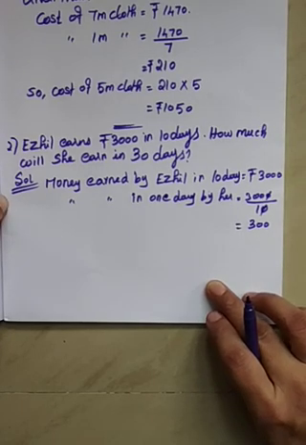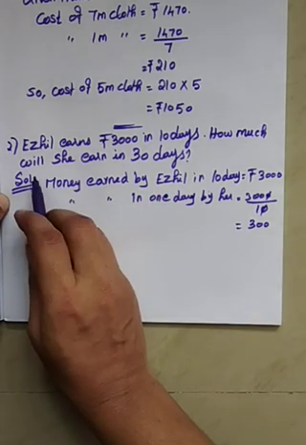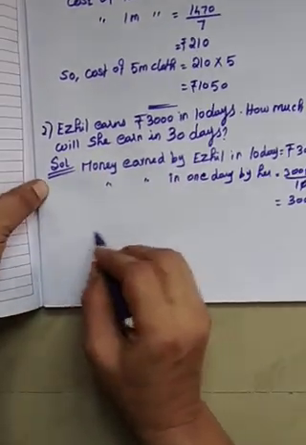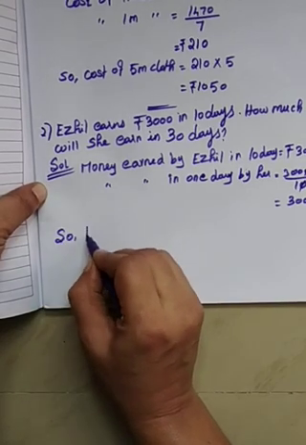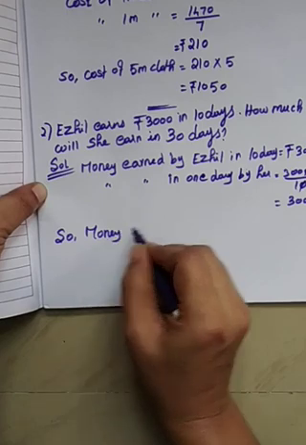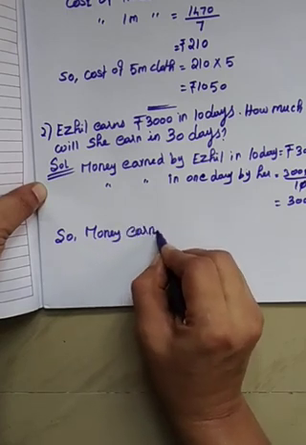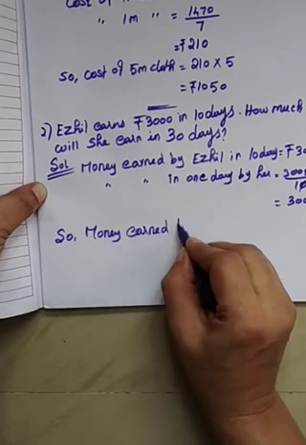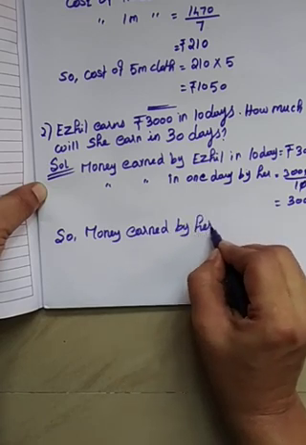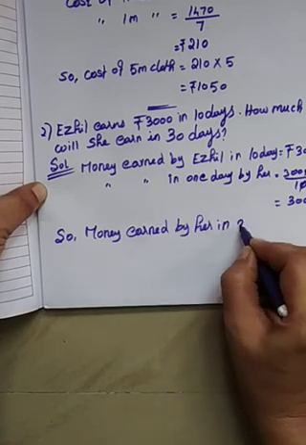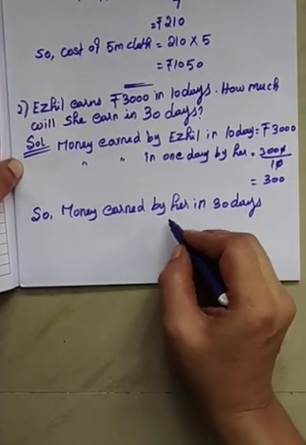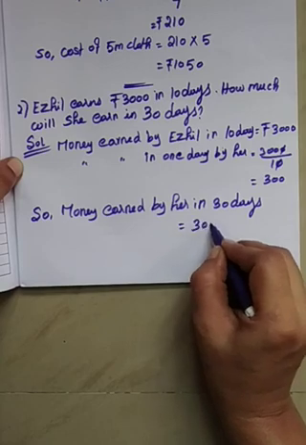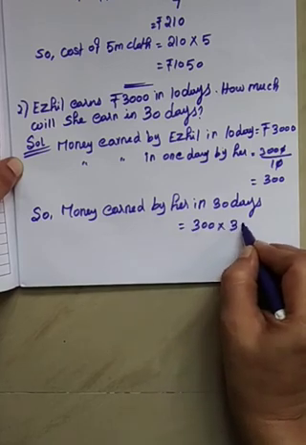So now we have to find how much amount will Elil earn in 30 days. So you have to write 300 into 30.